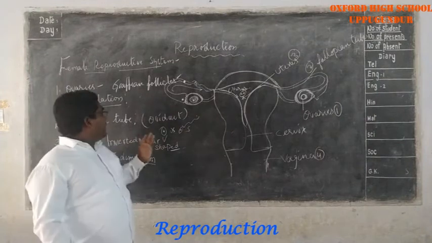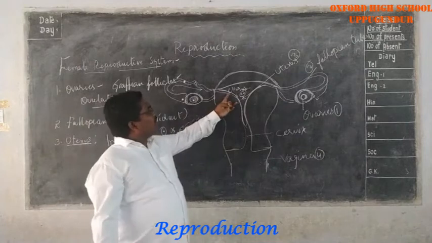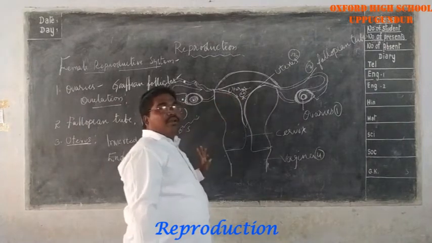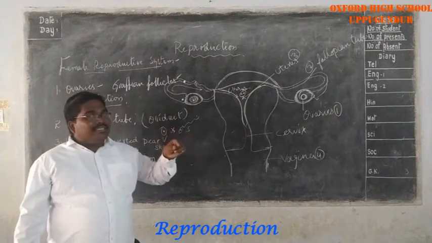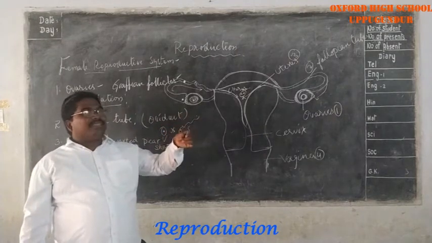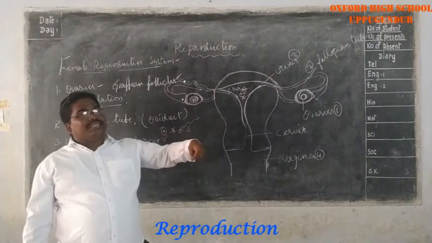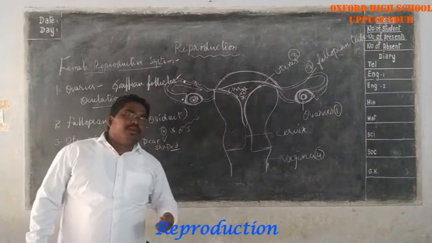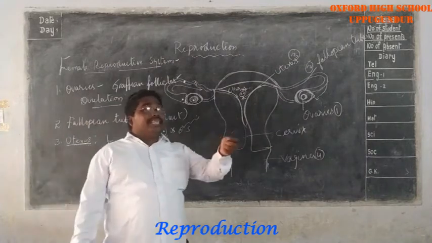The uterus is an inverted pear-shaped structure. The inner layer of the uterus is called the endometrium. The thickness of these layers increases soon after menstruation because it is ready to receive the embryo if fertilization takes place.